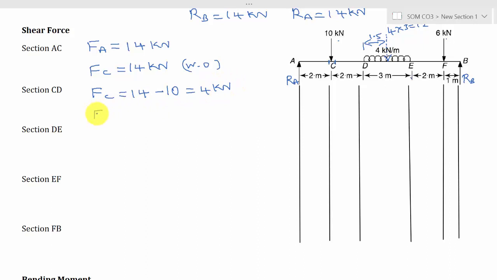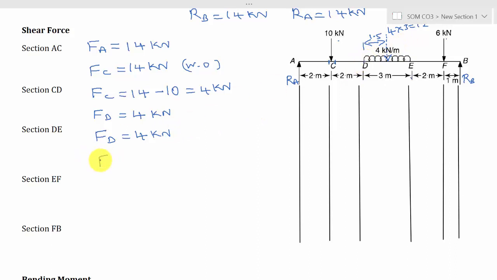Then FD is just before point D, and already we have 4 and no force is acting, so it is 4 kilonewton. Then consider section DE. Since no point load is acting at D, the two shear forces will be equal, with no change. So again FD is equal to 4 kilonewton.